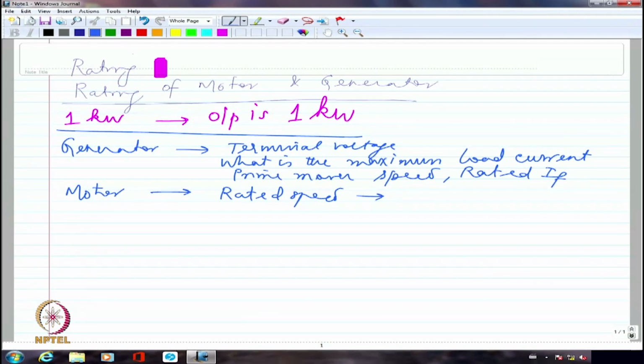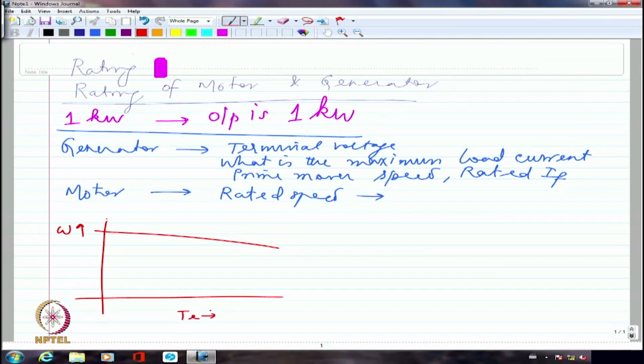So having seen the speed torque characteristics of the machine, if we say this is the speed torque characteristics, this is omega, this is TE, maybe this is TE rated or TL rated, whatever, because they are going to match with each other.